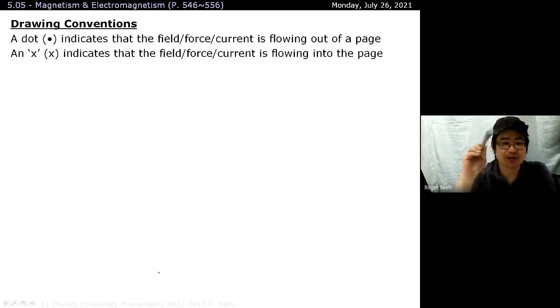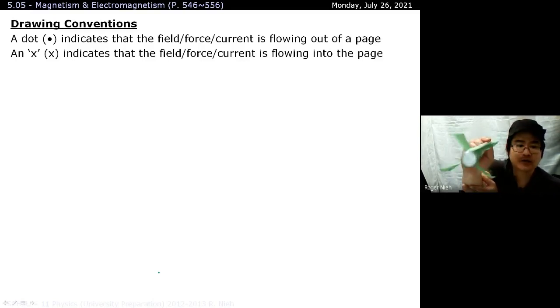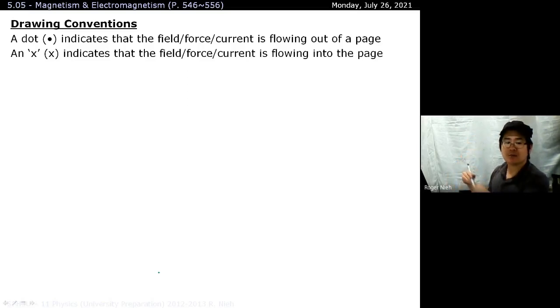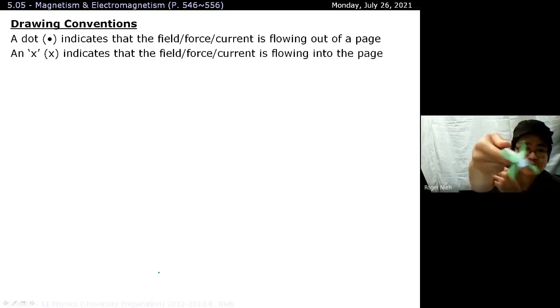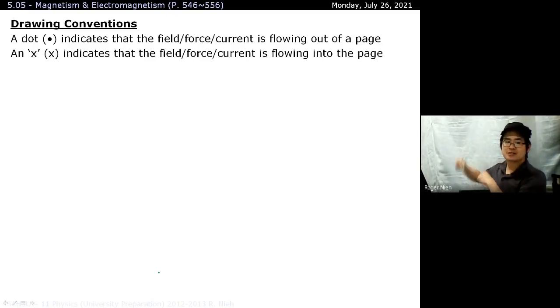On the other hand, if you're the archer and the arrow is pointing away from you, all you see as it moves away is the X. So the dot indicates that the current, the B field, or whatever vector it is, is pointing towards you. And if you see an X, it's moving away from you and going into the page. That's the memory aid.